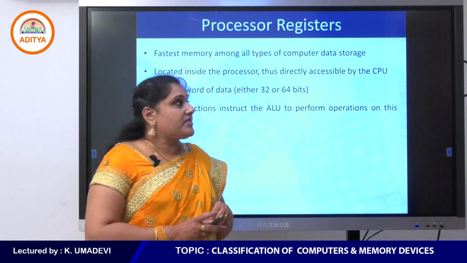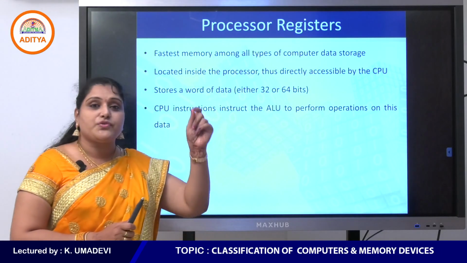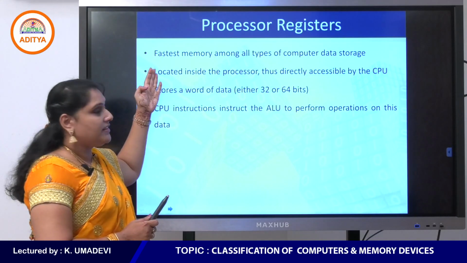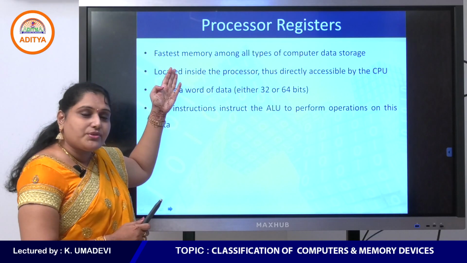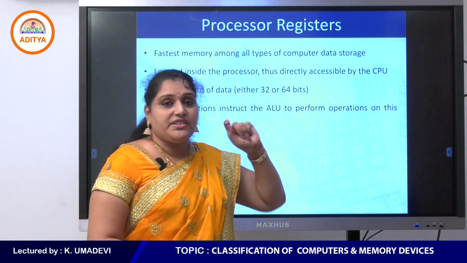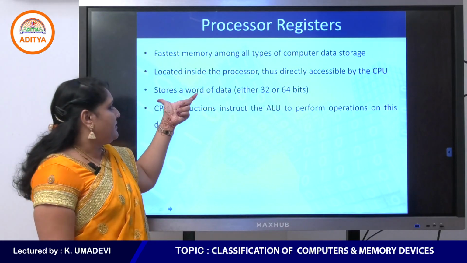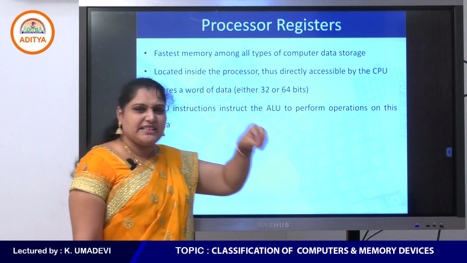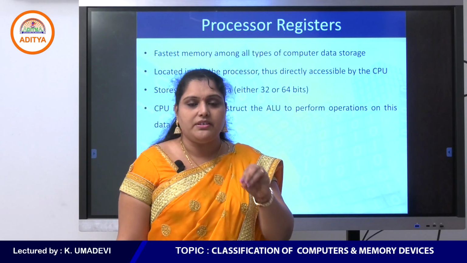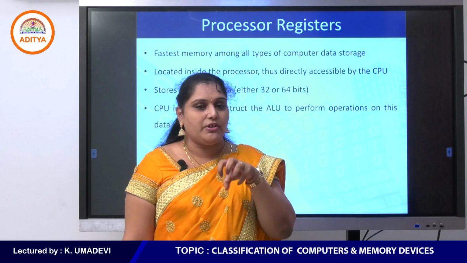Processor registers. So what is a register? A register is one type of memory. These are faster and have less storage capacity among all types of computer data storage. This is the smallest one. It stores a word of data, that is 16-bit, 32-bit or 64-bit registers available in the CPU to perform calculations or ALU instructions.